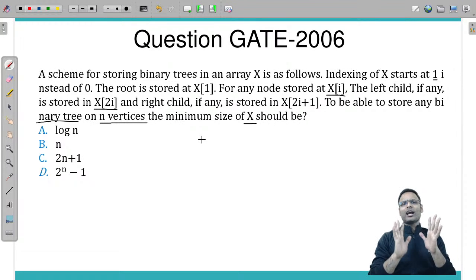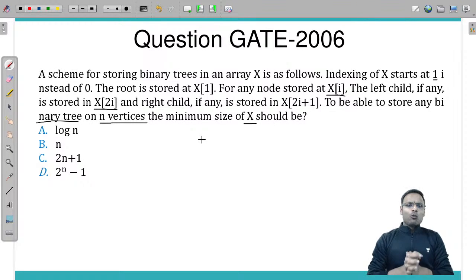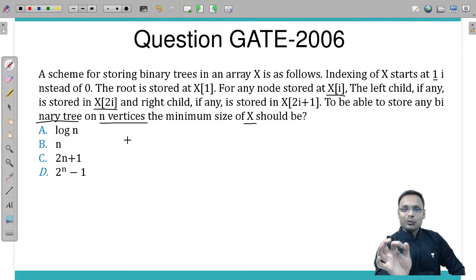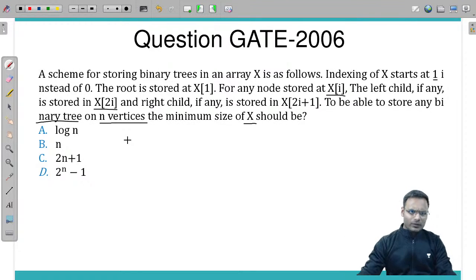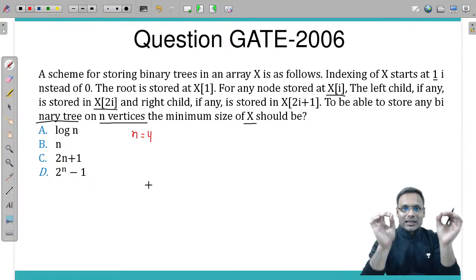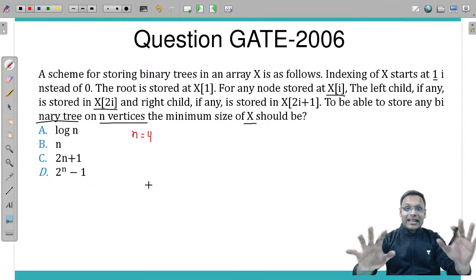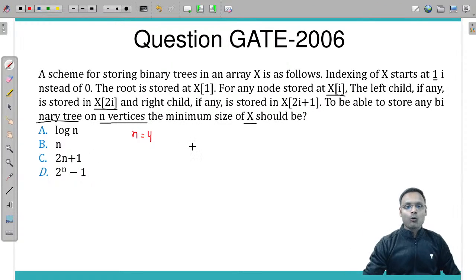If you want to store any binary tree of n vertices, what should be the minimum array size required? Let's take a simple example. If I take n equal to 4, then I want my array to be of a size such that I can store any binary tree with 4 nodes.